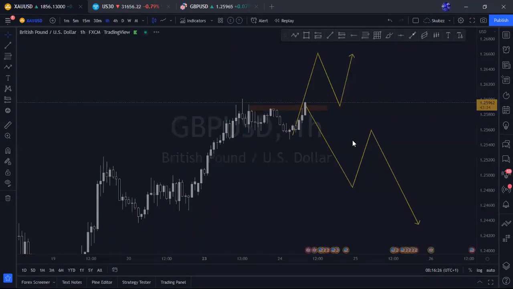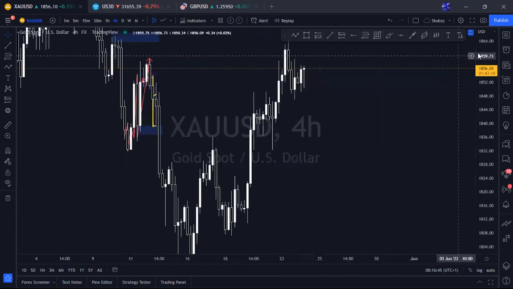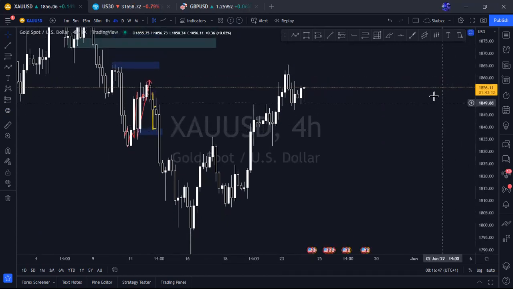Okay, so now let's take a look at gold. Let's look at the 4H. Wow, gold is a bit messy.